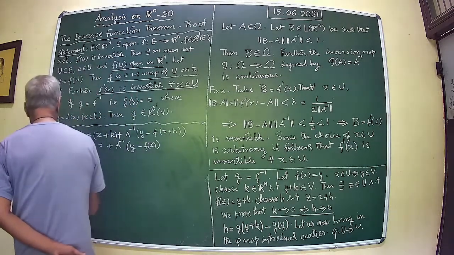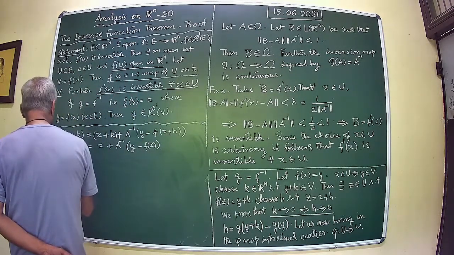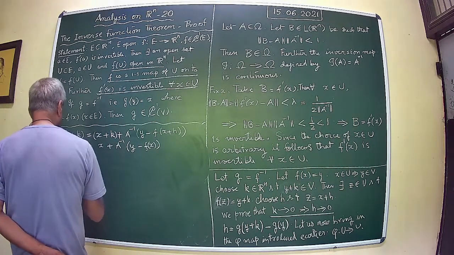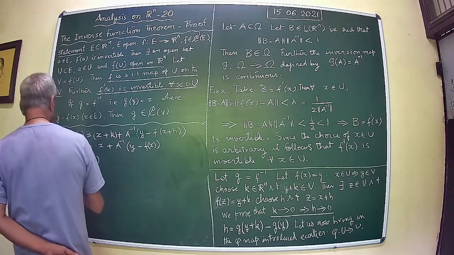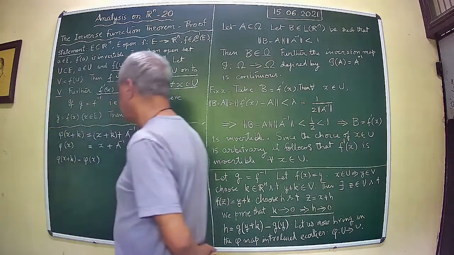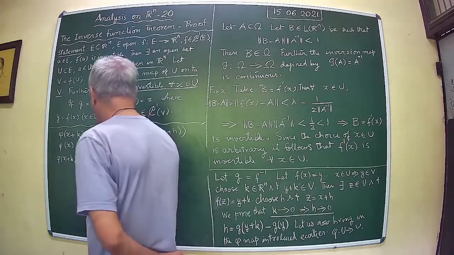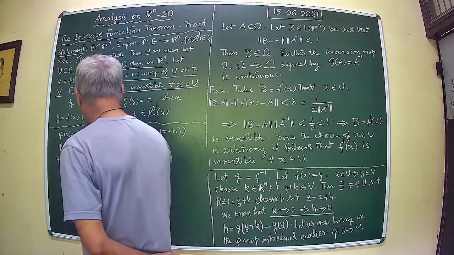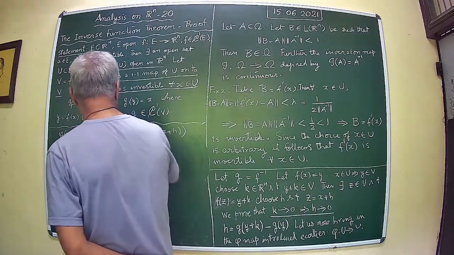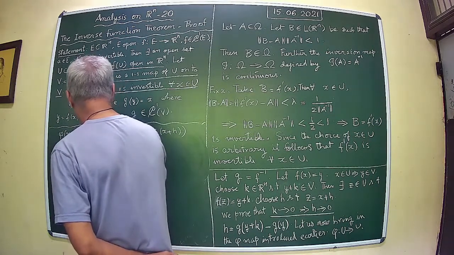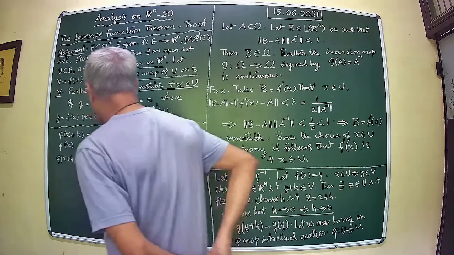Therefore we will estimate this phi of x plus k minus phi of x, this is equal to, sorry, I think here it is x plus h. Okay, right.